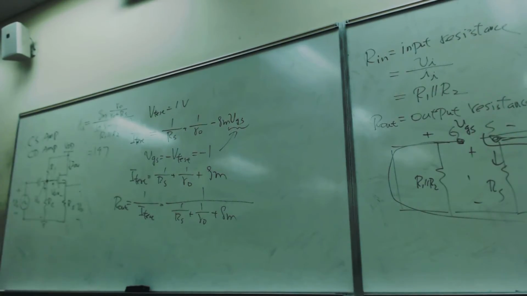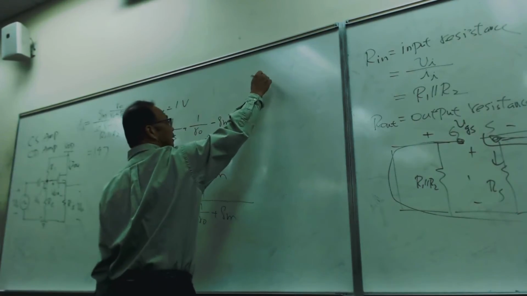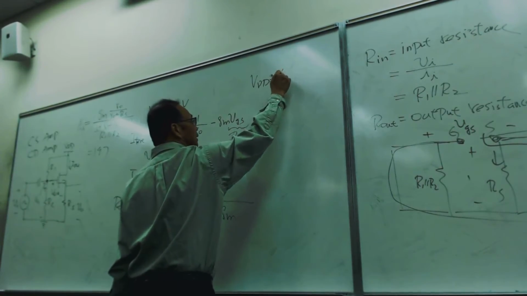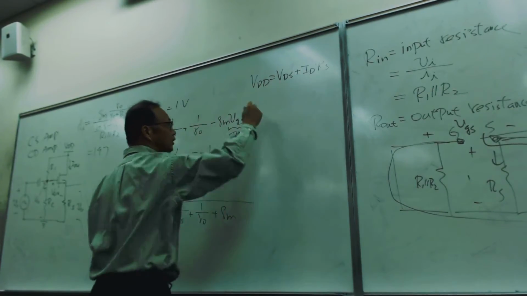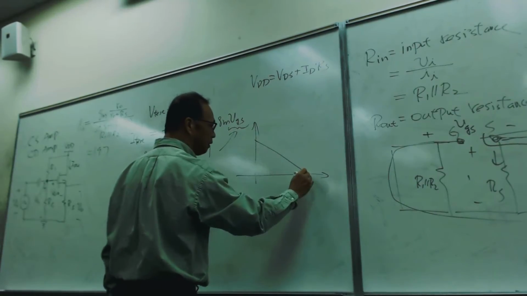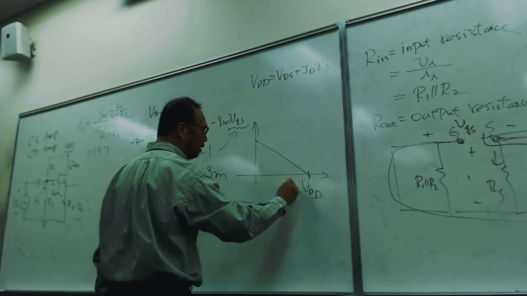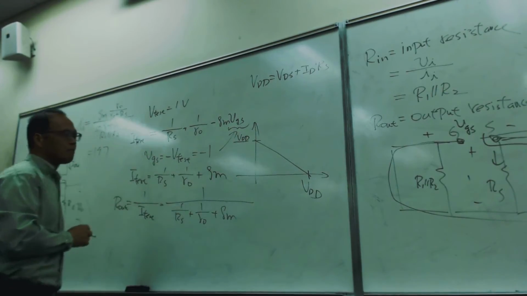If you want to do the load line, it's quite simple. If you look at the output loop, VDS equals VDS plus ID times RS. Based on that, the load line is simply this.